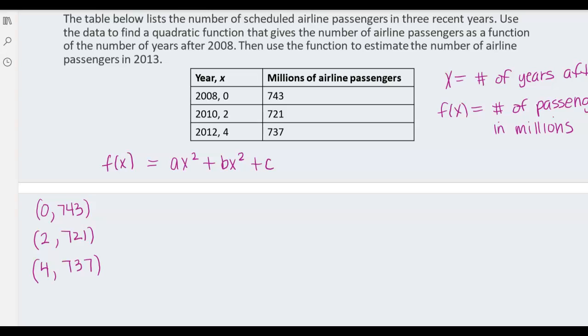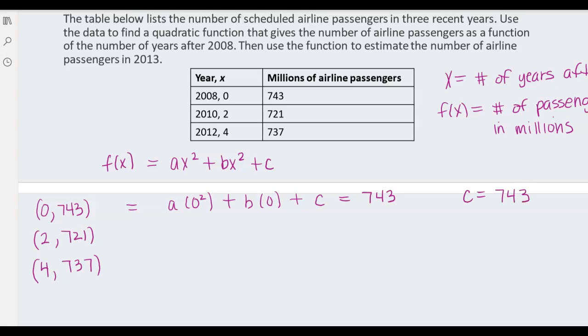I'm going to use this quadratic equation and plug in the values for x. So I have a times 0 squared, plus b times 0, plus c, which equals the y value, 743. So c is 743.